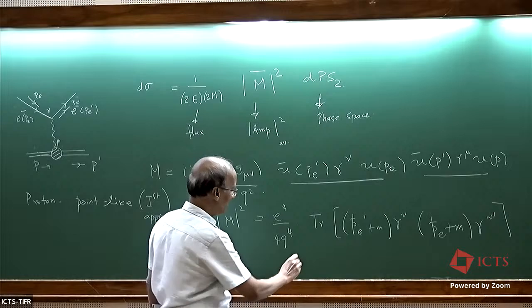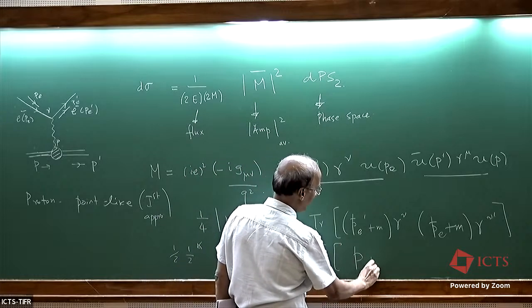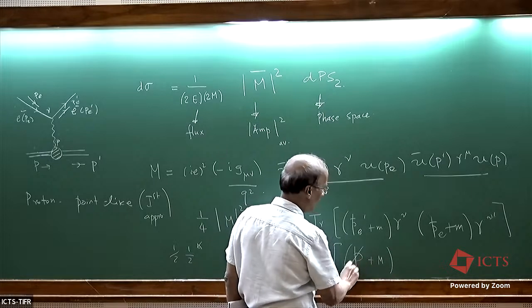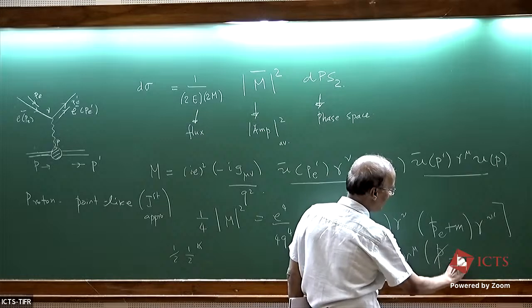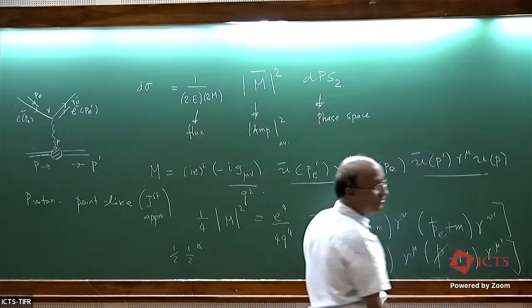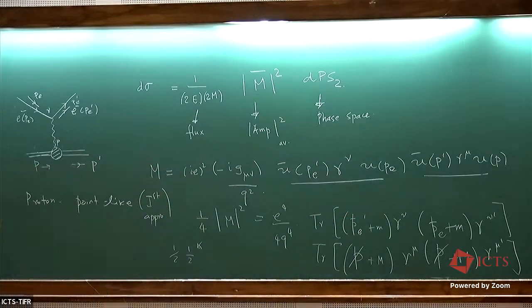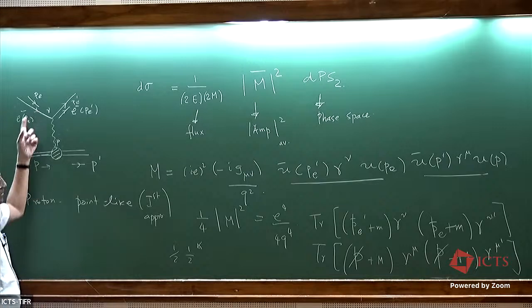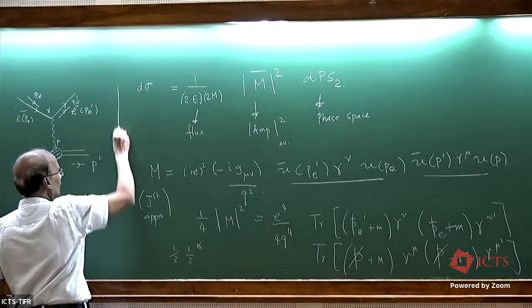That will be, again, the trace of capital P slash prime plus capital M gamma mu, capital P slash plus capital M gamma mu prime. These are the two traces that you need to evaluate, because we have averaged over all the polarizations of the incoming states. Okay, so far so good.